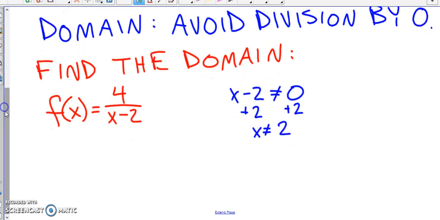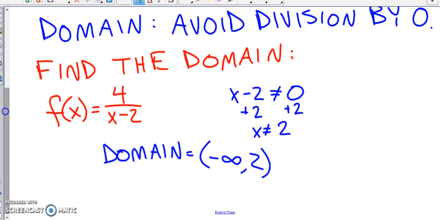So the idea is we would want to take that and we would want to remove 2, but have everything else in the domain. So therefore the domain, if I want all the numbers except 2, that would be from negative infinity to 2, union 2 to infinity. So if you remember, that's the whole real number line except for the number 2.